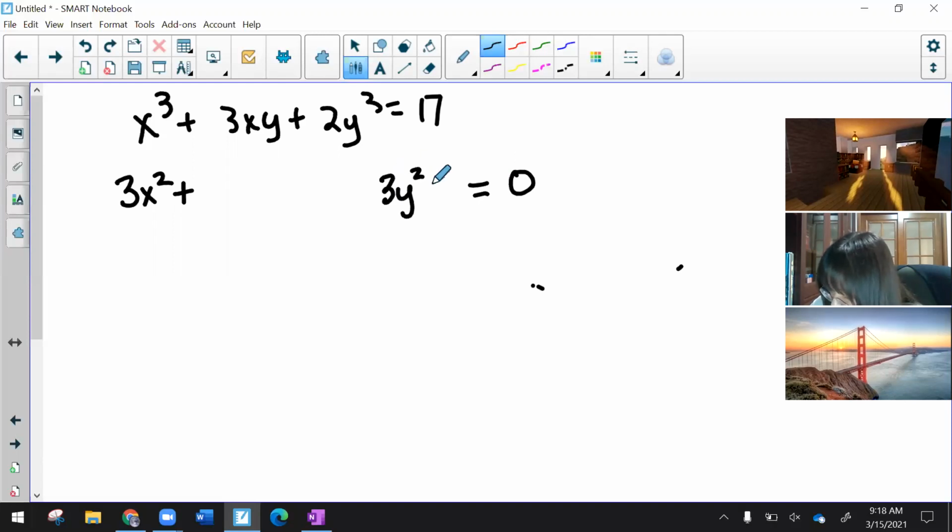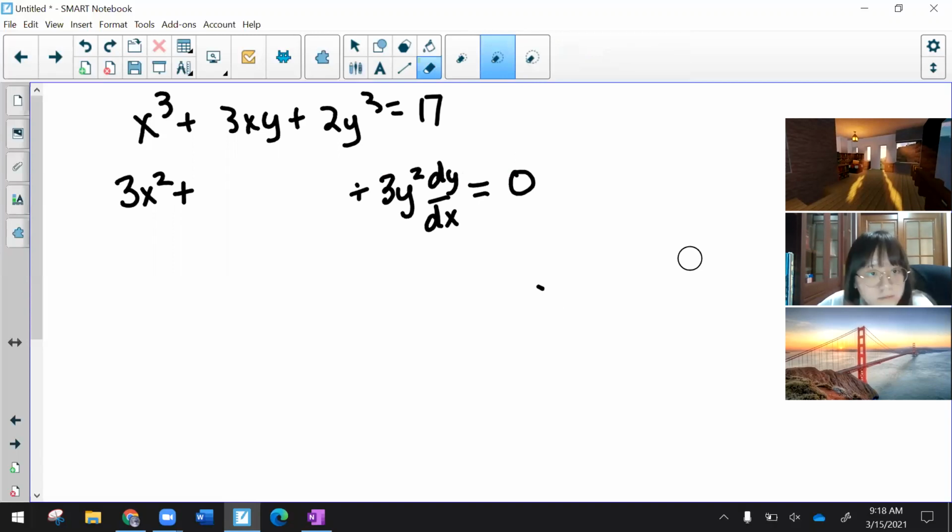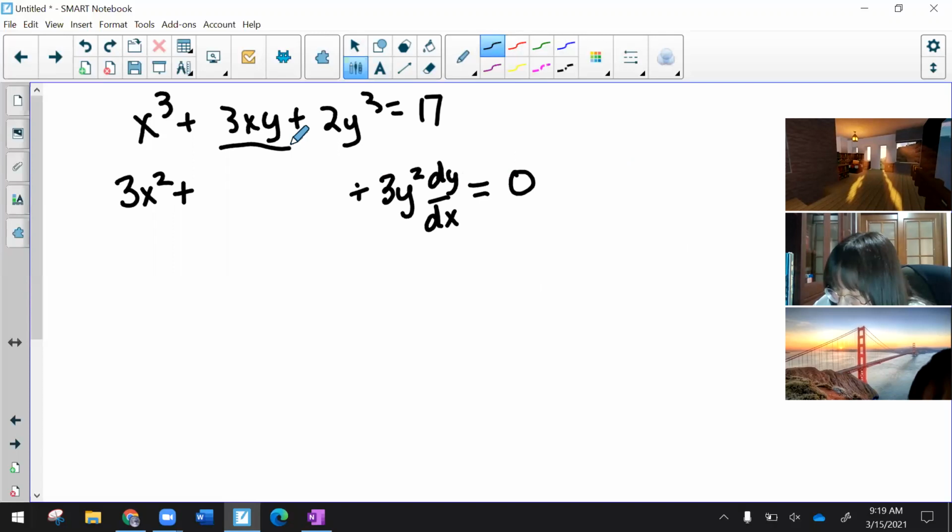Is y an x? So really I have to use chain rule or implicit differentiation and say it's times dy dx. What am I going to have to use for this 3xy term here? It's 2y cubed and not 3y squared. Thanks, Kim.